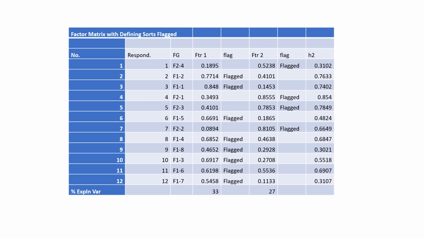So in a practical sense, what this is telling me is that numbers 2, 3, 6, 8, 9, 10, 11, and 12 tend to have one set of views about change in schools, whereas 1, 4, 5, and 7 have a different set of views about change in schools.